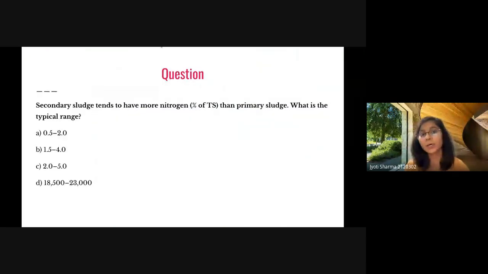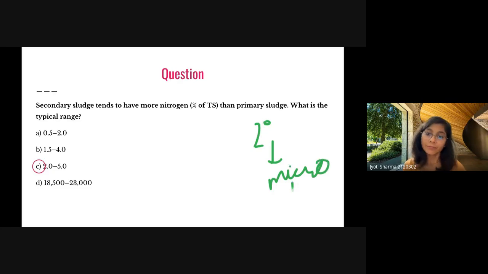Okay, so the answer lies in the process itself. If it is a secondary treatment, then we have the microbes, right? And whenever there are microbes, the microbes need nitrogen for protein synthesis. Some of the microbes will be part of the sludge as well.